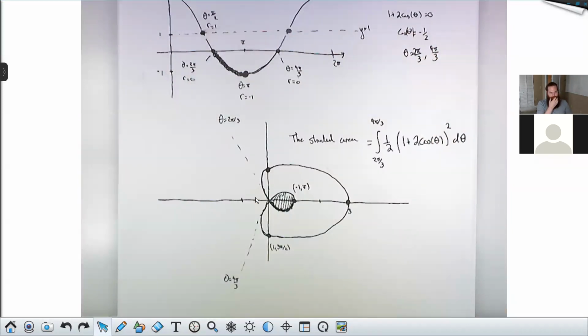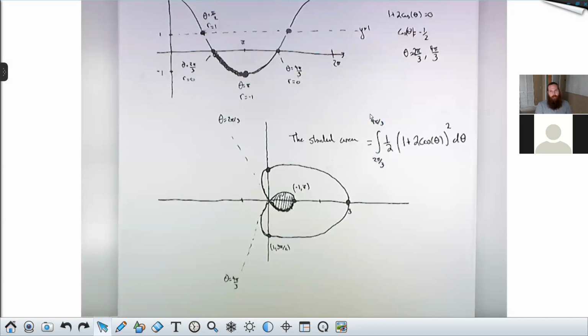Okay. So again, this integral isn't terribly hard. We can go ahead and calculate it, but the tricky thing is finding the bounds.